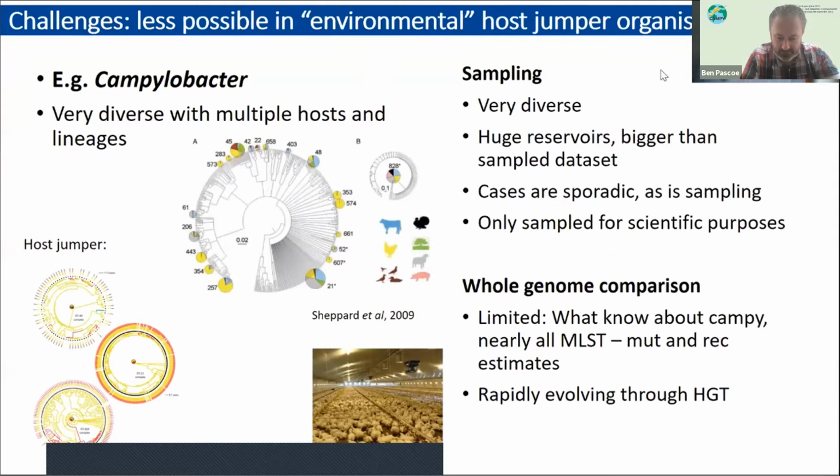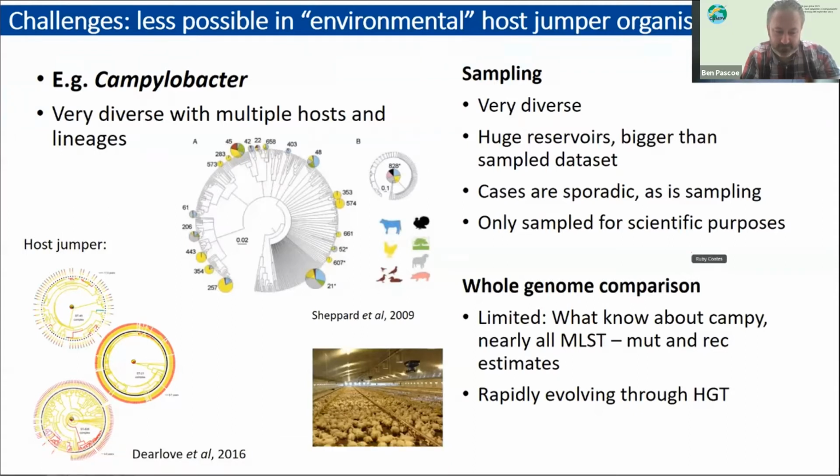Some clonal complexes can have multiple hosts, so they are generalists, and they can jump from host to host, which makes it more difficult to trace back infections. Because of this, it's difficult to obtain sample sets that are representative of the whole species in the wild.